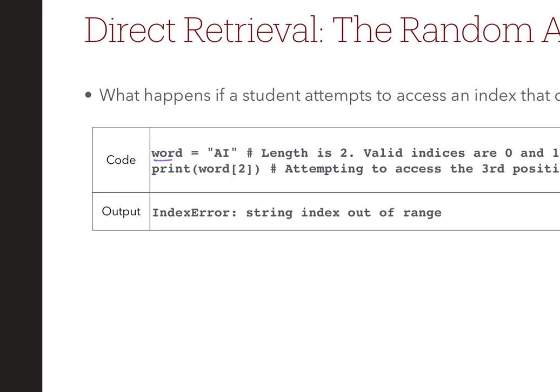If I have a word which consists of these 2 letters, but I want to access word corresponding to the index number 2, index number 2 represents the third item in a sequence, but this sequence consists of only 2 items. So if you want to access that item, then you get an error message.